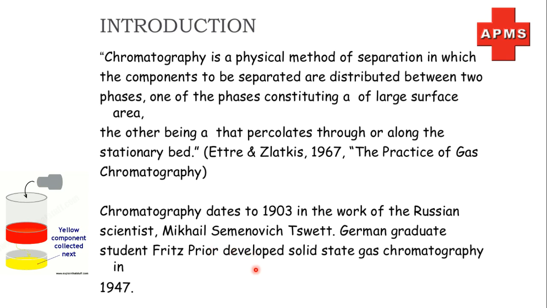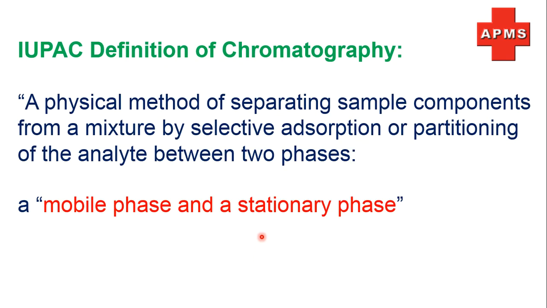Now move to the next slide. This is the short and sweet IUPAC definition of chromatography. See, what is the definition? A physical method. See, again the term used is physical, not chemical, because no chemical reaction takes place during chromatographic separation.